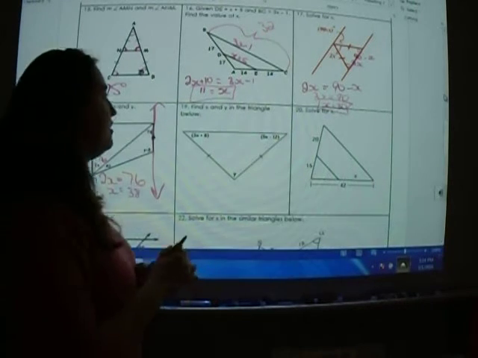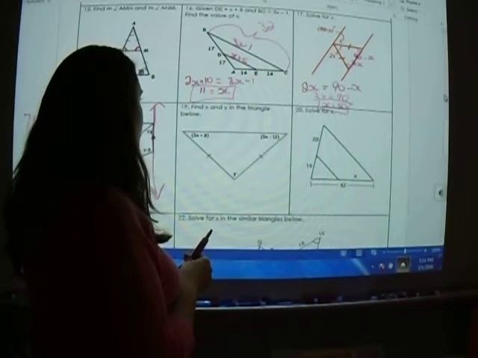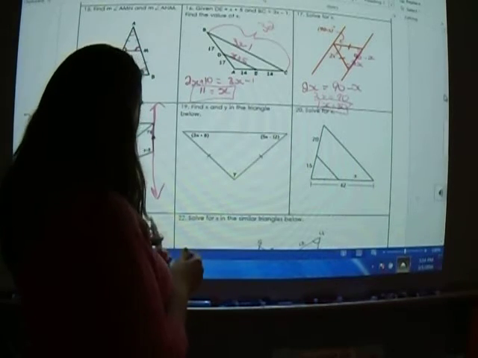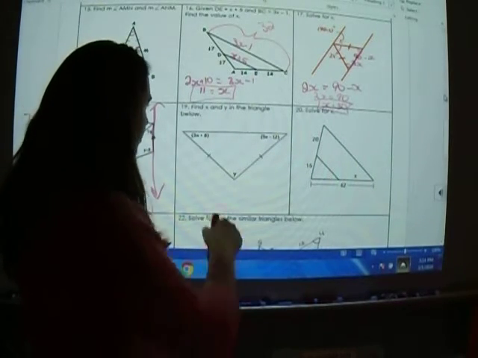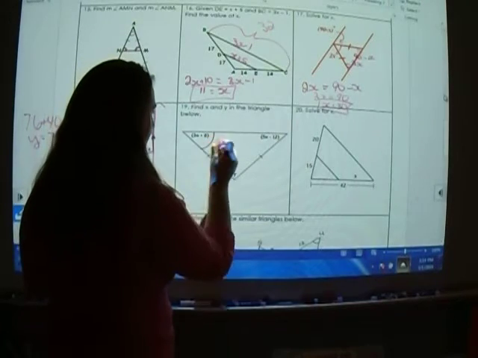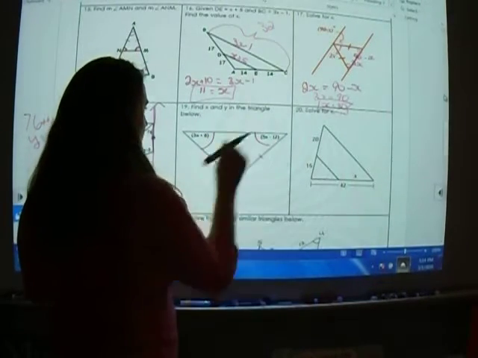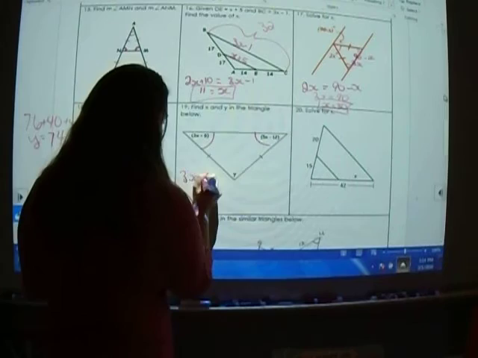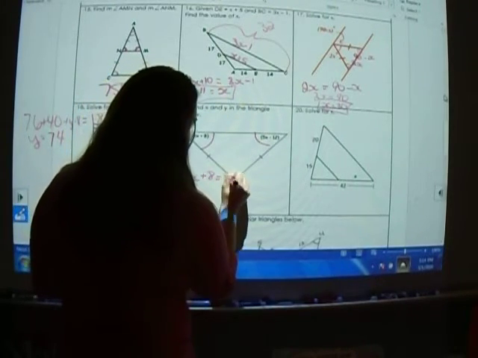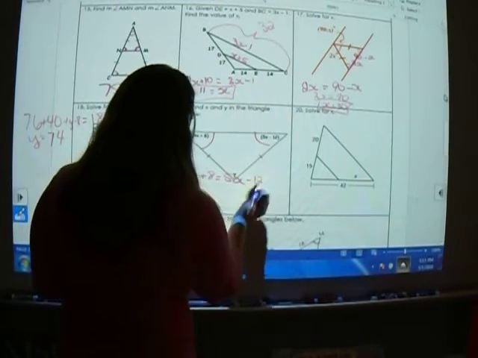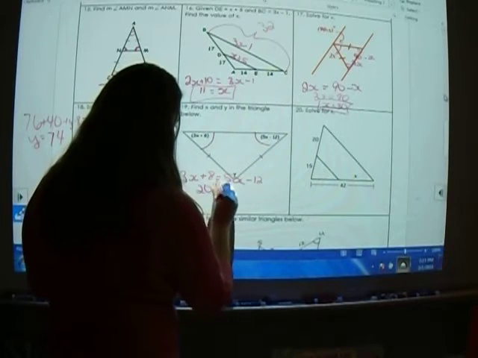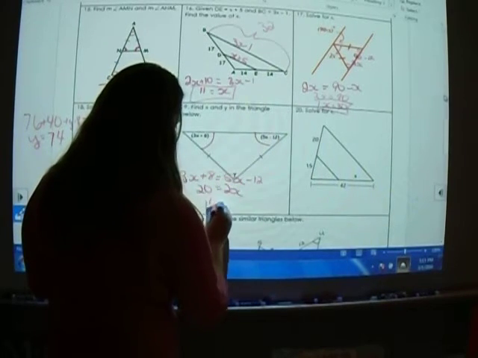Number 19. Find x and y in the triangle below. Okay? So this is an isosceles triangle. So we can set these two equal to each other. 3x plus 8 equals 5x minus 12. So 20 equals 2x. 10 equals x.